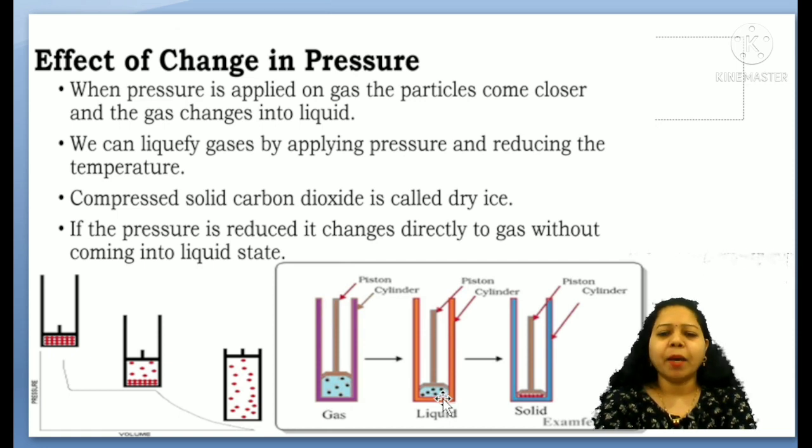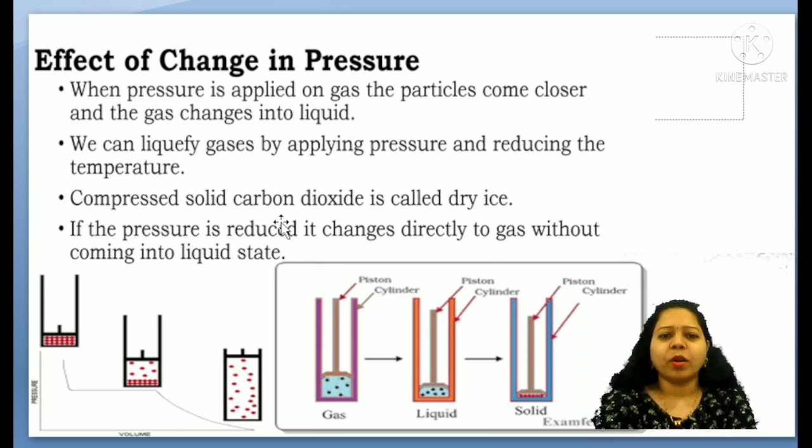If we again apply pressure on that, these particles again come closer and it again turns into solid. Means what happens? Because of applying pressure, intermolecular space between those molecules decreases, and that's why the change of state takes place.